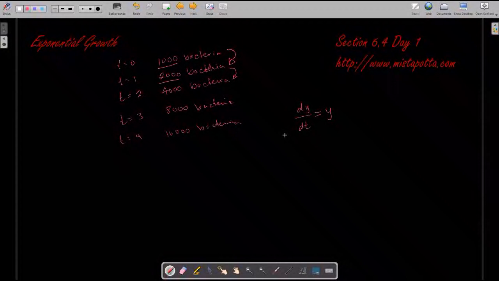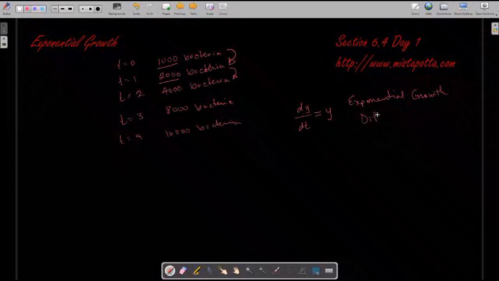And so this is what we call our exponential growth differential equation. So this equation represents differential growth.